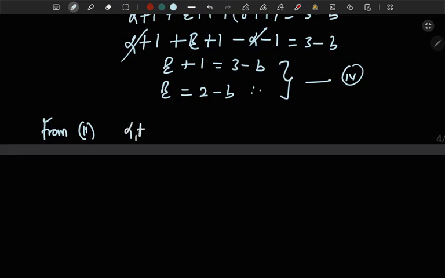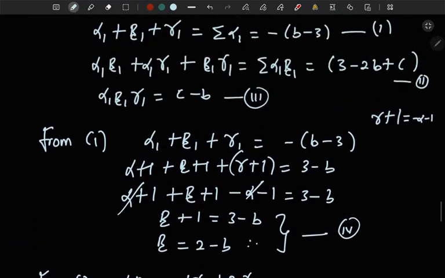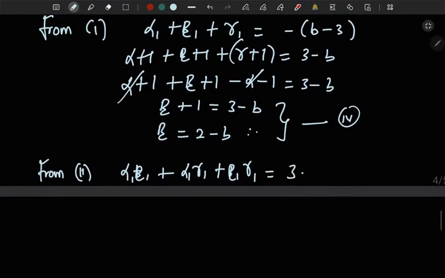Alpha 1 beta 1 plus alpha 1 gamma 1 plus beta 1 gamma 1 equals what? 3 minus 2b plus c. So let's substitute what we have. The alpha 1 is alpha plus 1, then beta plus 1, plus alpha plus 1.